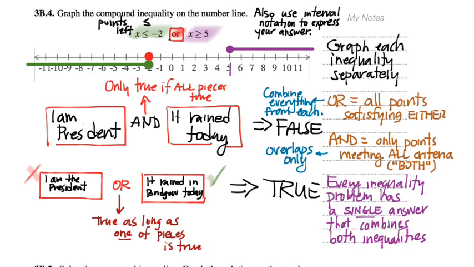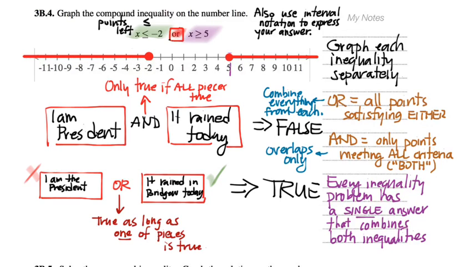So everything that belongs to the green set will definitely belong to our final answer. And what about everything in the red set, or the purple set? Same deal. Everything that belongs to the purple set also belongs to my answer. So, all in all, we've now combined our two inequalities into a single inequality.